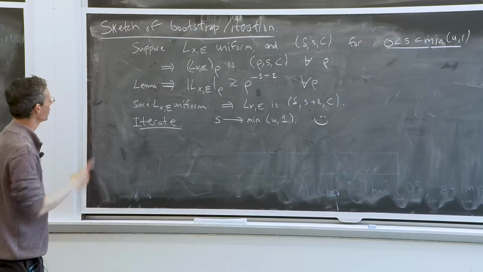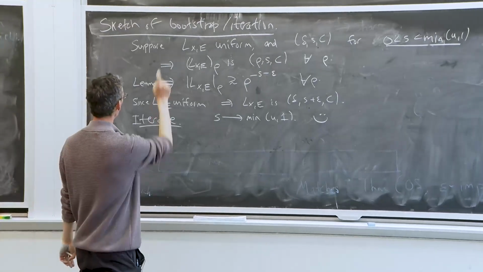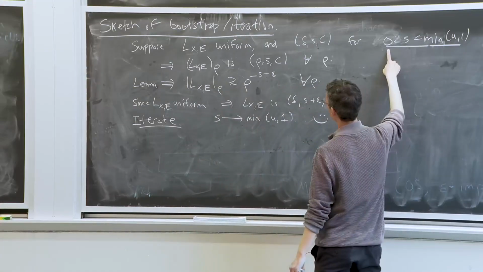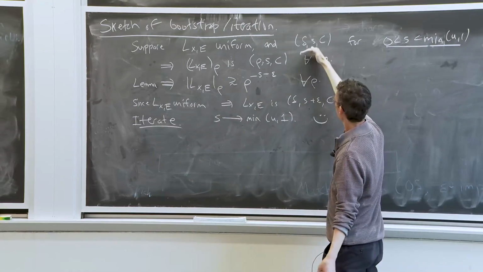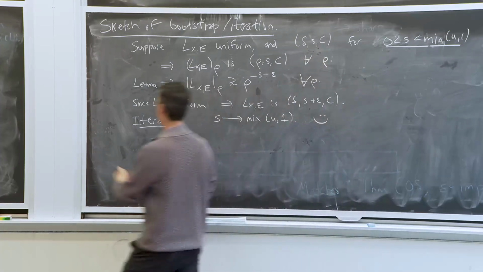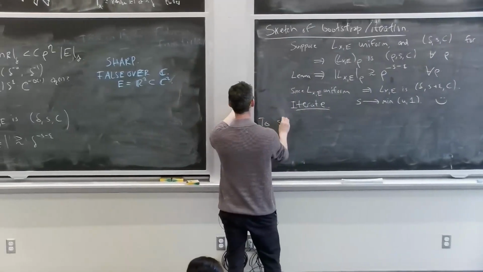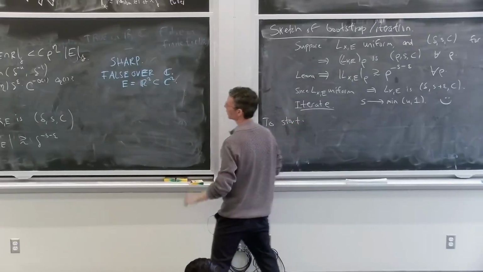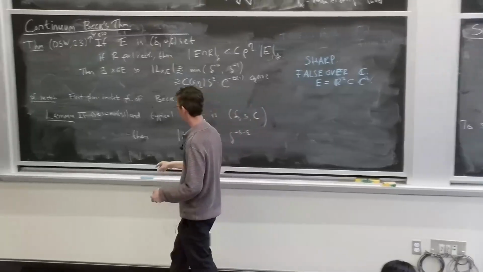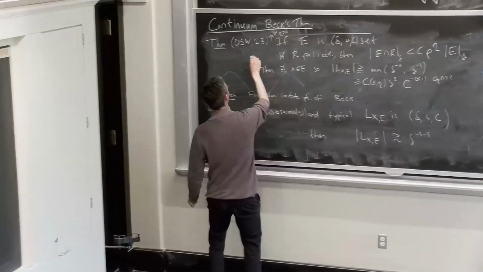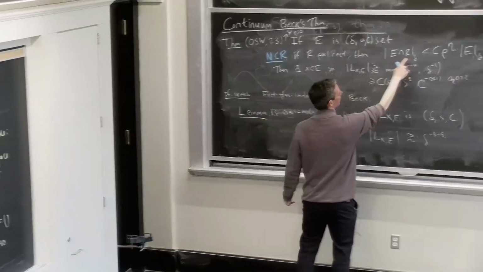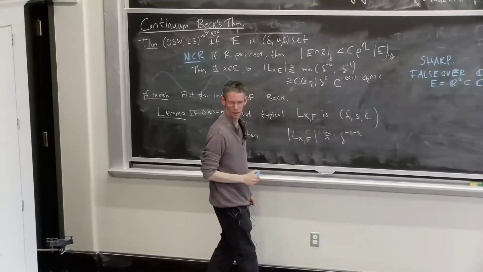OK, now you might be wondering how we started this argument. We needed to start with an s that was bigger than 0. And not every set is a delta SC set for any s. So to start the argument, we observe that we had this non-concentration in rectangles condition, that our set is not too much in any rectangle.